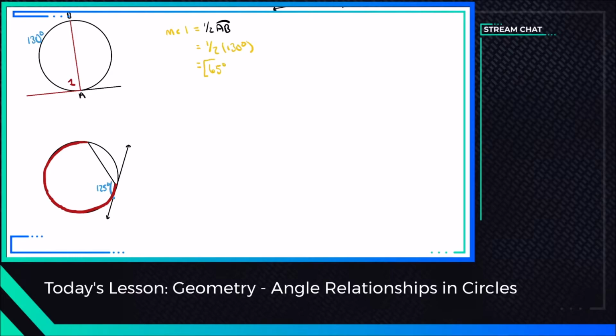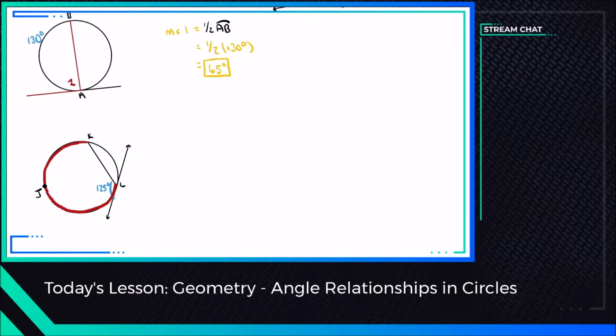Now we want to find the measurement of this red arc here. We'll throw down some letters on there. K and L are going to be our chord, and since this is a larger arc, we need J, the major arc.